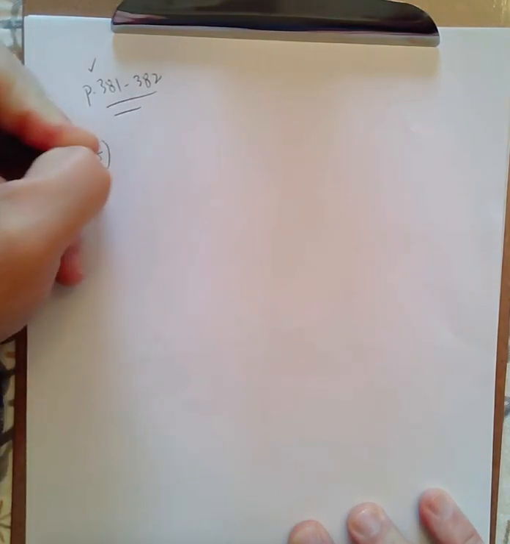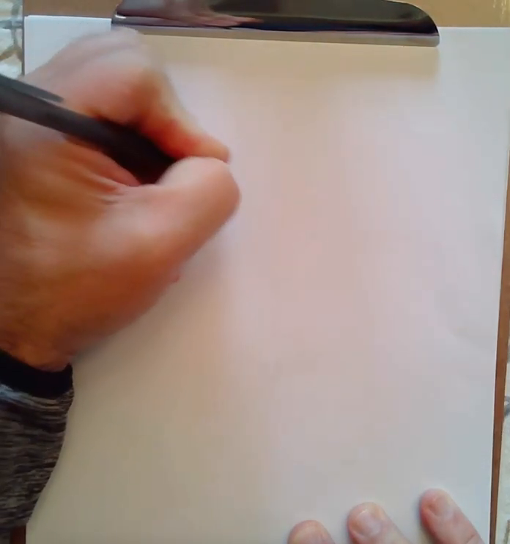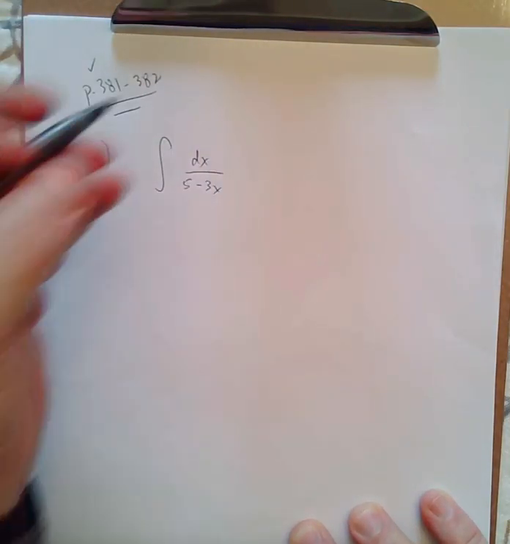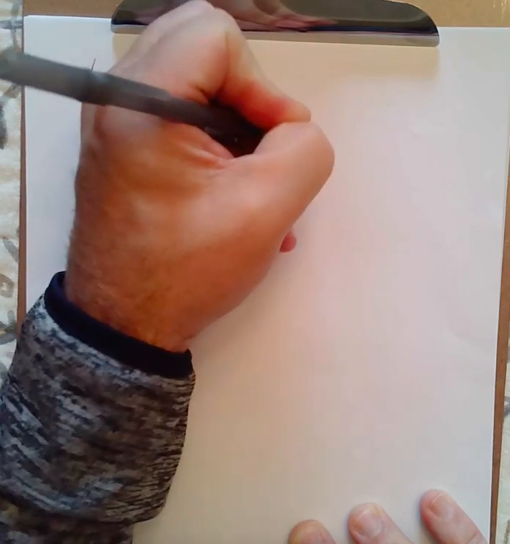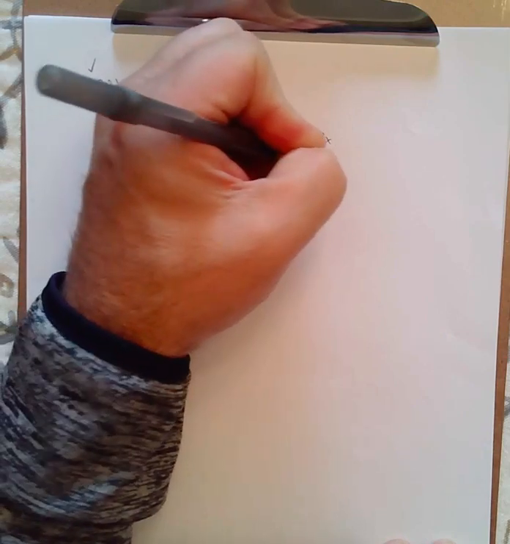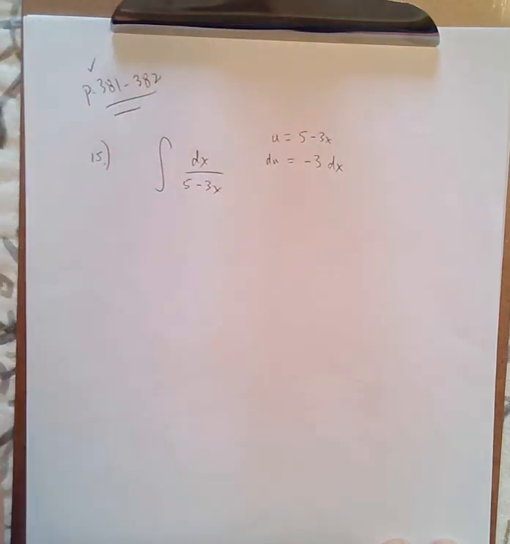Just to show you a couple, look at number 15. I want to show you this one because this is the kind of stuff I do want you to see. Okay? Looks kind of harmless. My u is going to be the denominator because my numerator has the dx in it.